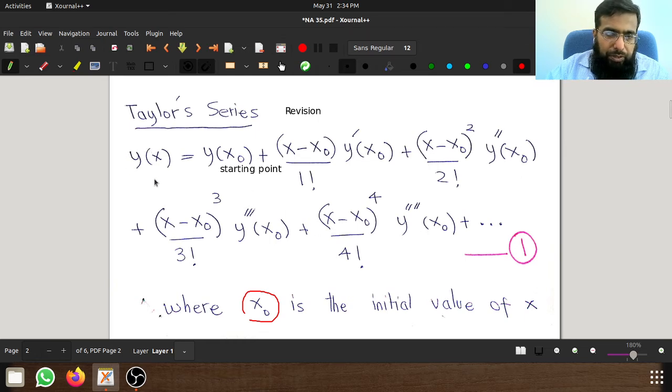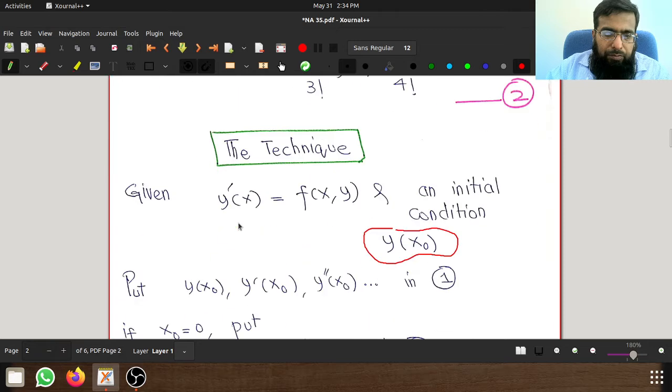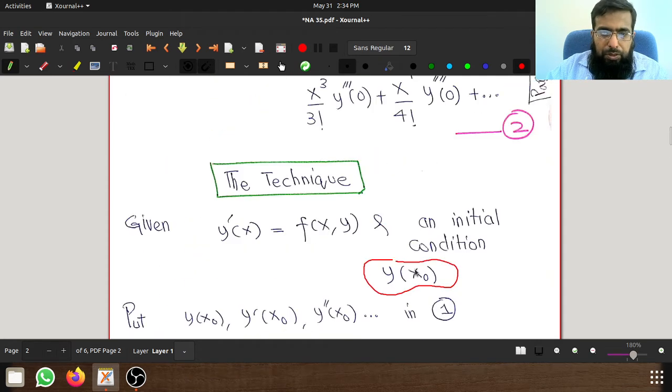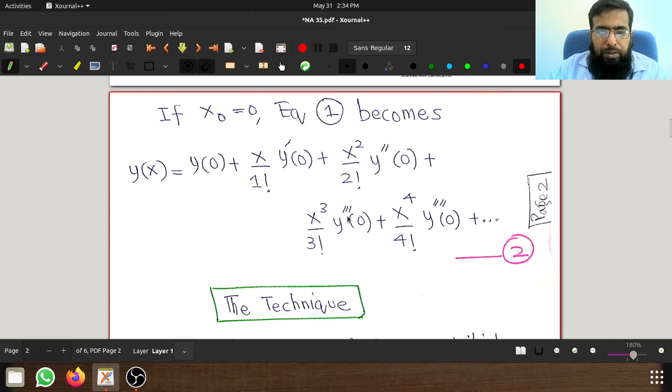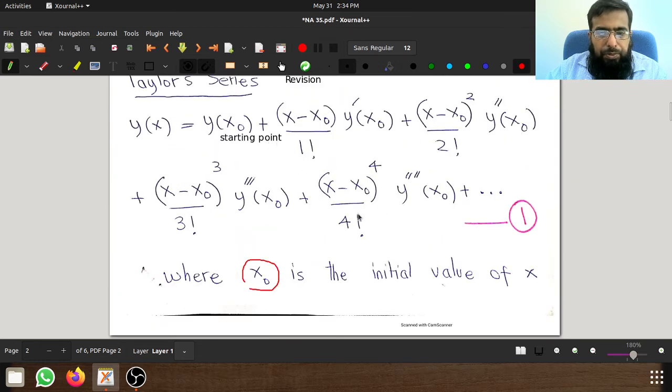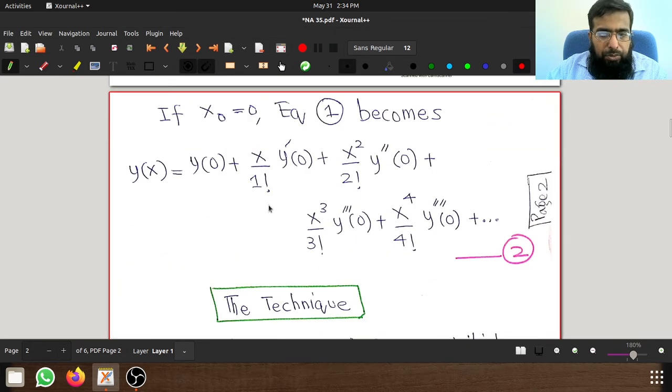We can compute y of x, and if x naught is equal to 0, then we put y of 0, y prime of 0, and so on in equation number 2. Equation number 2 is a special case of equation number 1, where x naught is 0, the starting point is 0. So this equation seems a bit simpler than equation number 1.